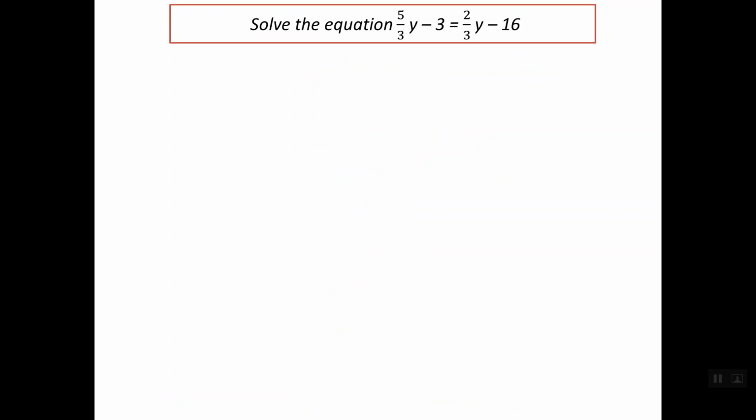Let's solve this last example: 5 over 3 y minus 3 equals 2/3 y minus 16. The greatest variable term, 5 divided by 3 y, lies on the left side. So we can keep the variable on the left side and the constants on the right side.